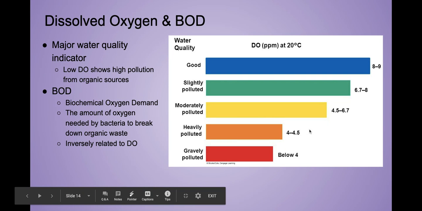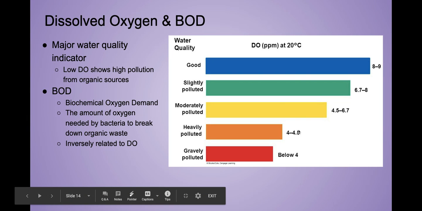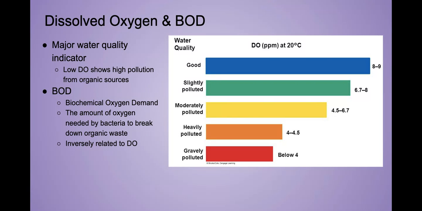So for example, if I have a lake or a water sample that has a 4 to 4.5 BOD, that means it's heavily polluted, right? So that's dissolved oxygen. Anyway, it's something that we need to think about.